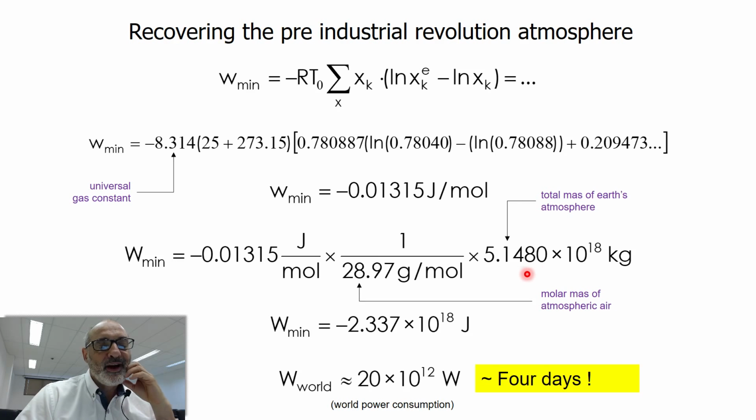It's given here, 5 exakilograms. Exa is 10 to the 18. So our atmosphere mass is roughly 5 exakilograms times my specific work times the molar mass of air, 28.97 grams per mole, if I'm not mistaken. Right, if all the calculations are correct, I see a kilogram here. I'm not sure if I made all the calculations correct.